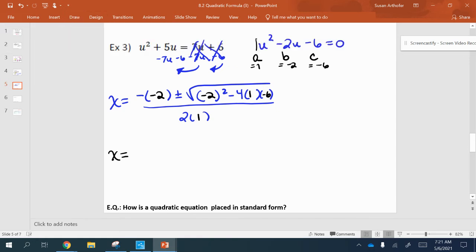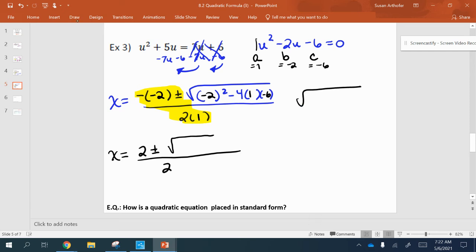Let's focus on just doing this front part. So negative 2 would be a positive 2, plus or minus, and on the bottom we have 2 times 1, which is 2. And now let's do the radical.